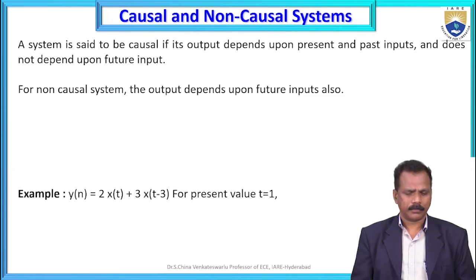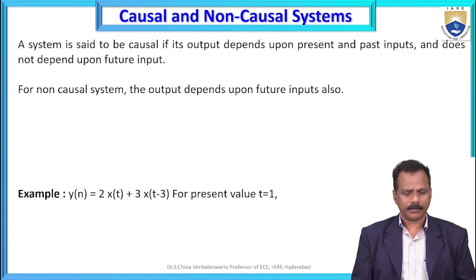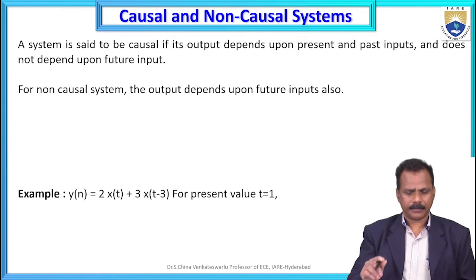Okay, like this example, y of n is equal to 2 into x of t plus 3 into x of t minus 3.